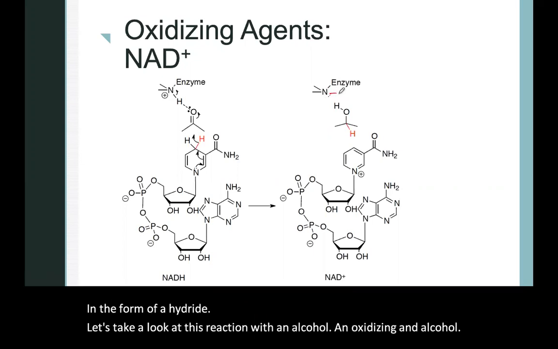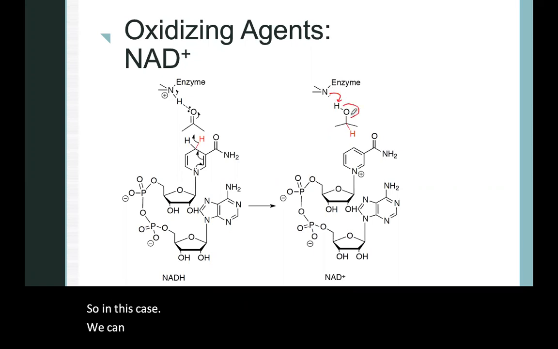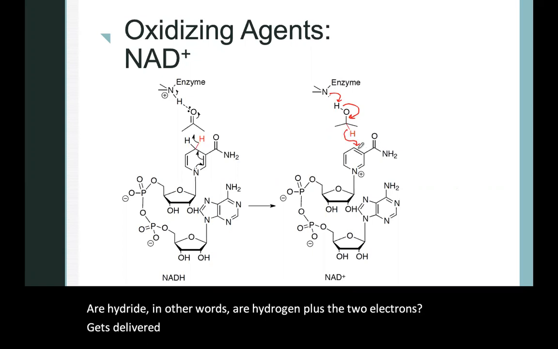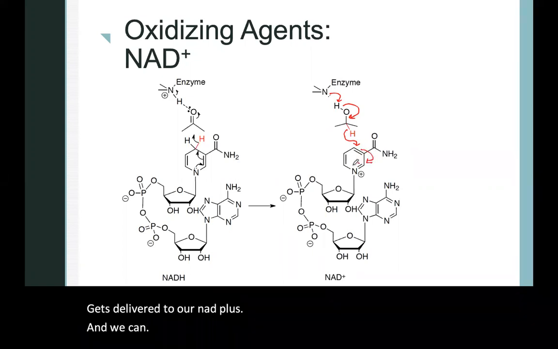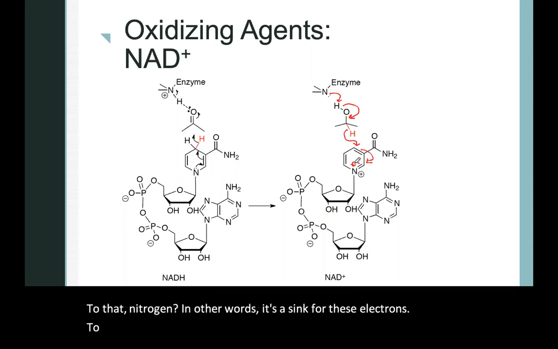So in this case, we can deprotonate the alcohol, electrons flow down. Our hydride, in other words, our hydrogen plus the 2 electrons, gets delivered to our NAD+, and we can draw our electrons moving down to that nitrogen. In other words, it's a sink for these electrons to form, in this case, NADH.